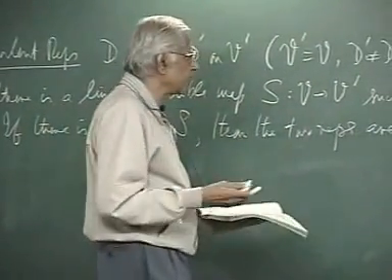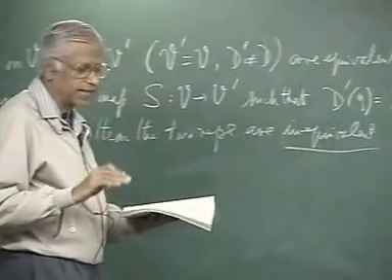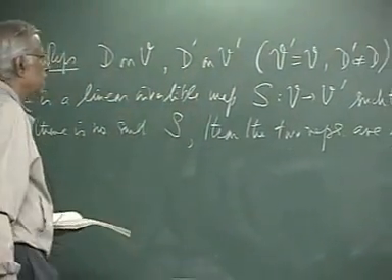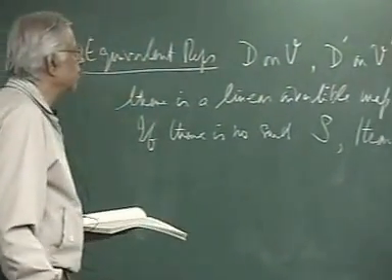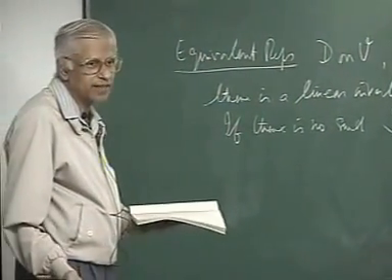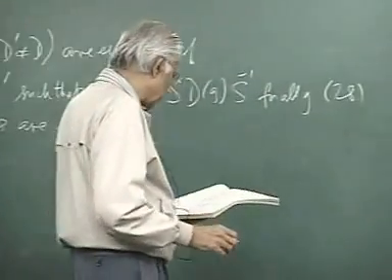If two representations are inequivalent, then we say they are really different from each other. A trivial way in which things can be inequivalent is if the dimensions of V prime and V are not the same, then obviously they cannot be equivalent.